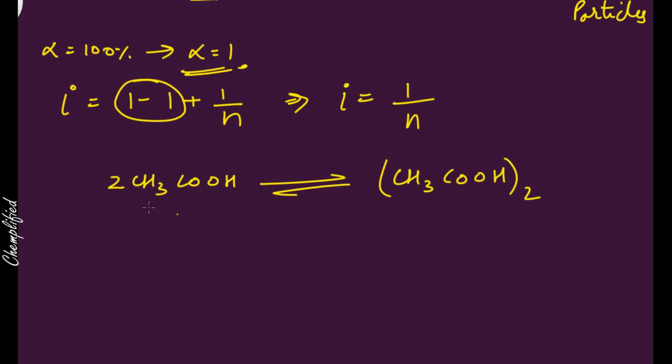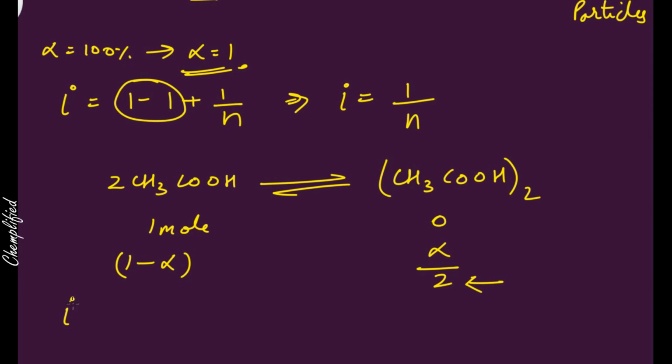Now initially we have 1 mole, right? And 0 moles of the product. After some time 1 minus alpha gets associated and alpha by 2 is formed. Right? Now consider alpha is equal to 1 in this case. Now the value of n is also equal to 2. We have already found the value of n.